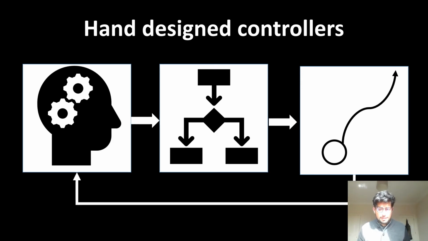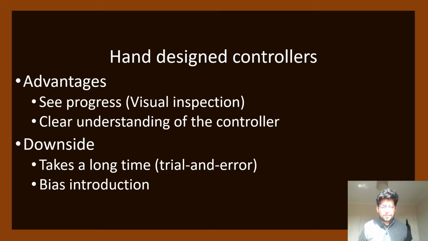As I was saying, the feedback is important because in this way you can make changes and optimize your controller. The advantages of hand-designed controllers is that you can see the progress.